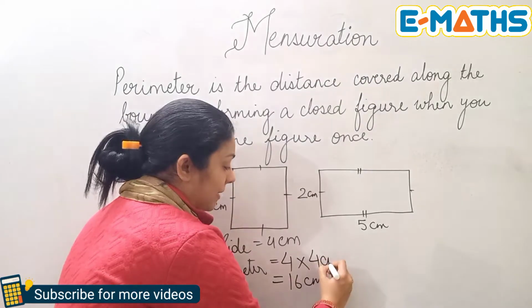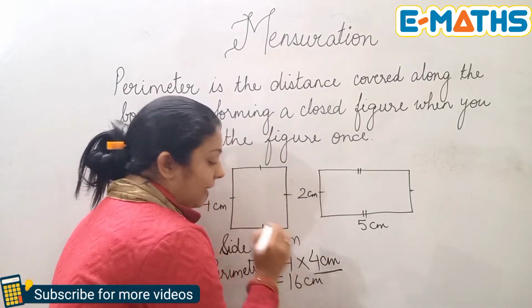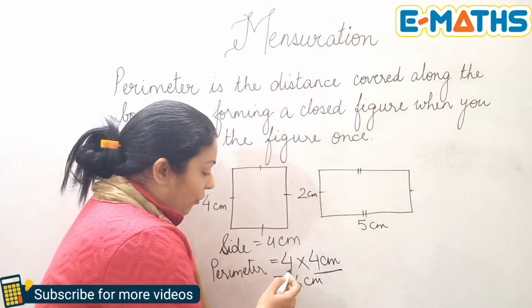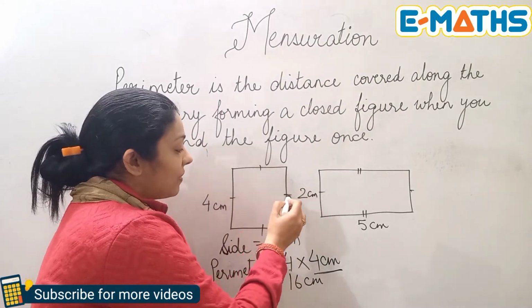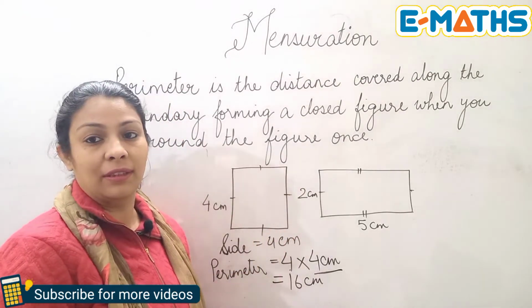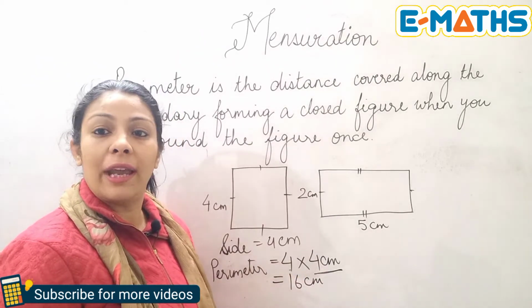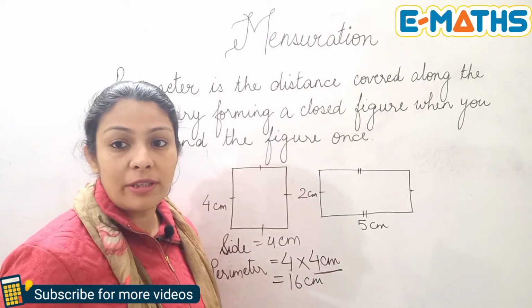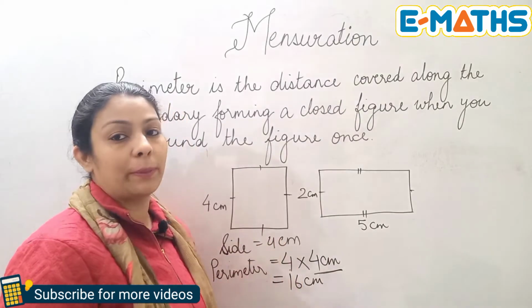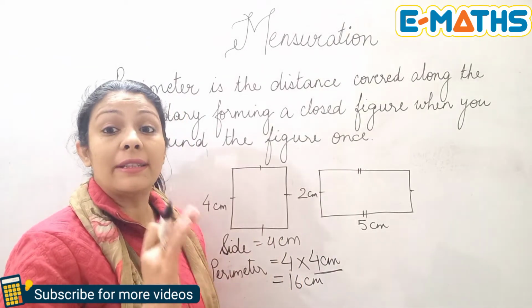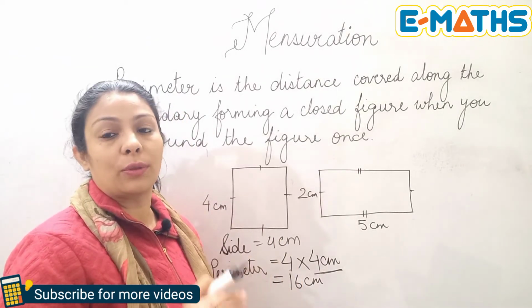Here I am going to write centimeters because this is the unit of the side that we have taken. And this 4 we have got from the number of sides this figure is having. That's why I have written the unit in centimeters and not any other unit. I am not changing the unit when I am finding out the perimeter. It's exactly the same as it is given in the question.